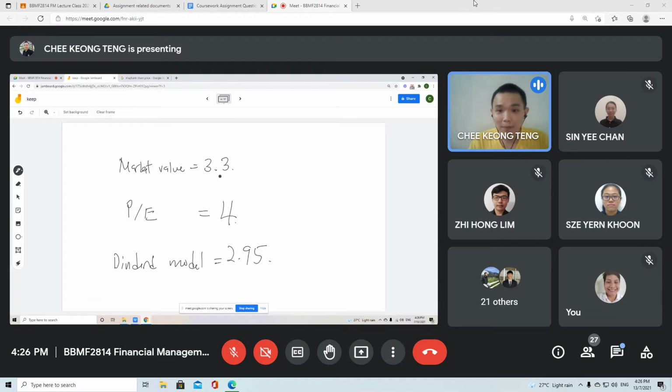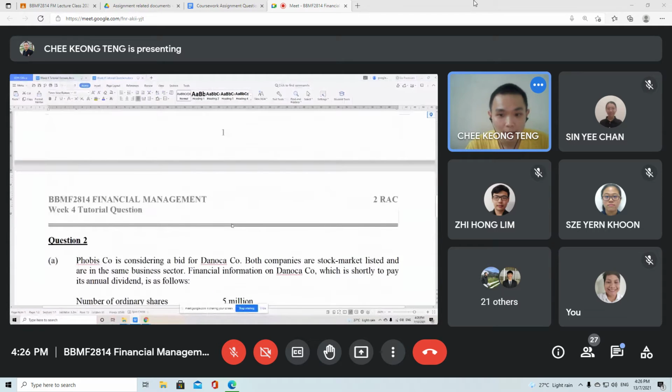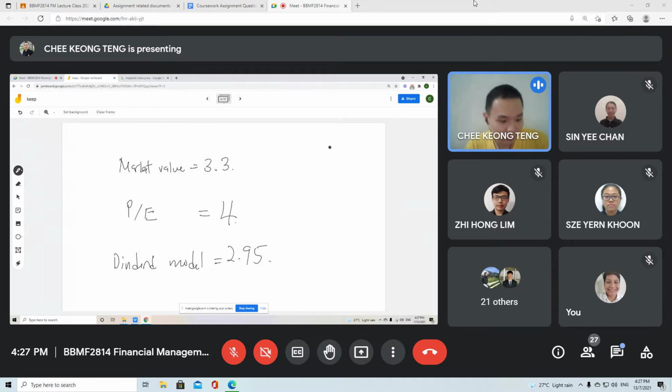Okay, so the market value, if you look at question 2, we can actually calculate the PE of this company because we have the earnings per share. Can you see 40 cents, right? If we use 3.3 divided by 40 cents, then we get the real PE of the company, which is 8.25.